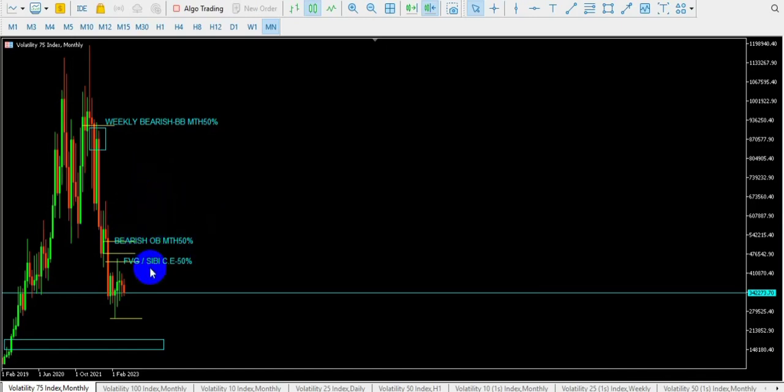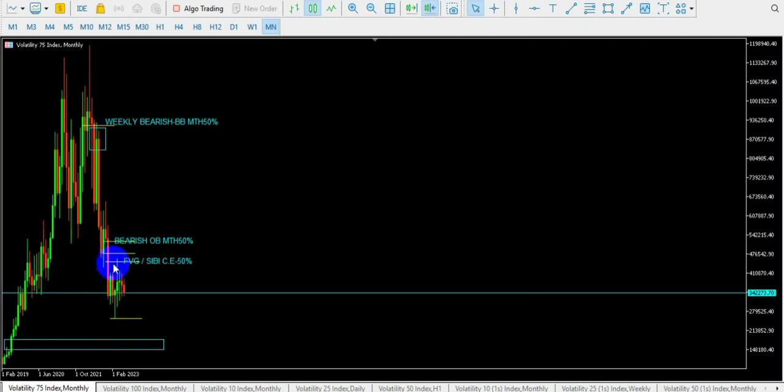So now this level was respected on the weekly time frame. This is the level of the bearish order block, the mid threshold. We didn't get price to move into that, but it was respected for this bearish order block.